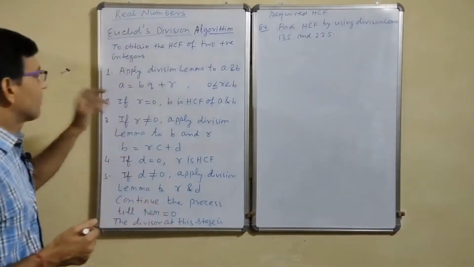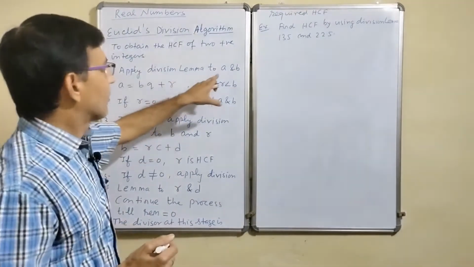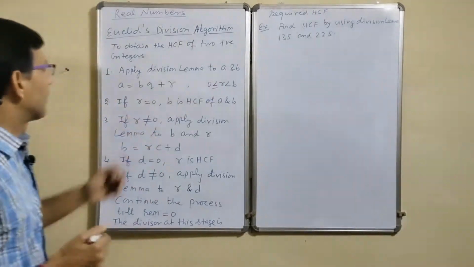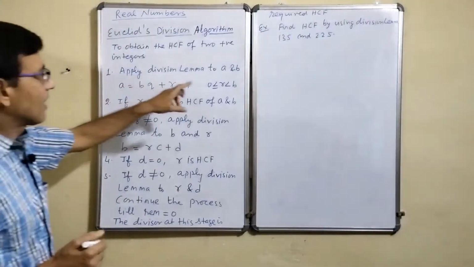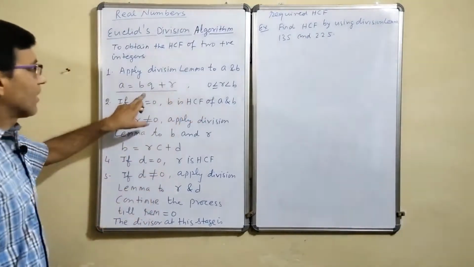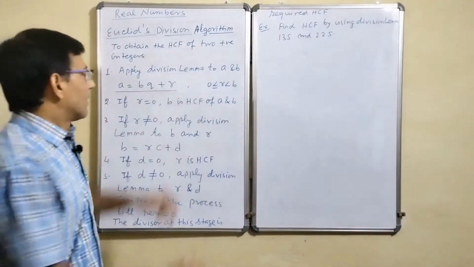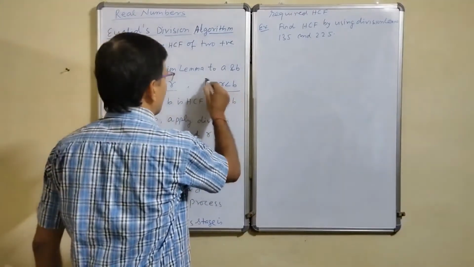Now the first step is, suppose it is given that you have to find the HCF of a and b, then apply the division lemma to a and b, and we will divide a by b to get the quotient q and r as remainder. The condition is already there.